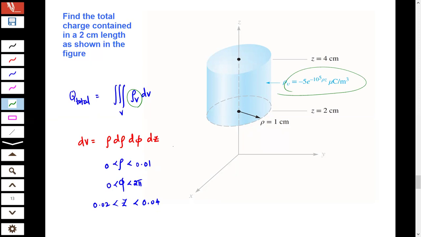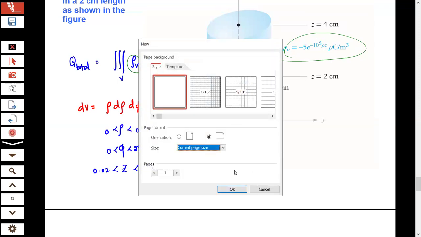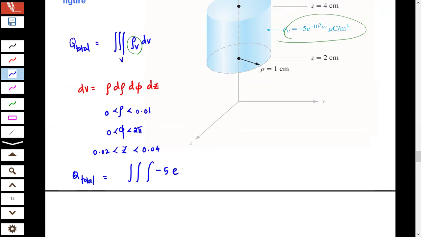We can proceed with the volume integration. So I will start doing the integration. Q total is equal to triple integral of rho v, which is minus 5 exponential to the power of minus 10 power 5 rho z.